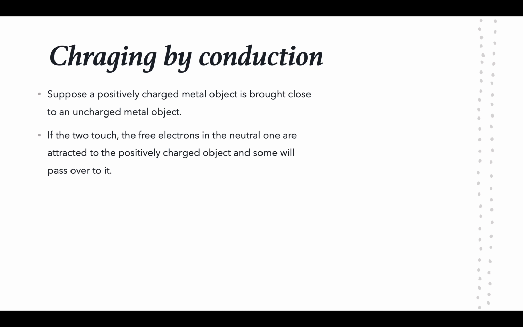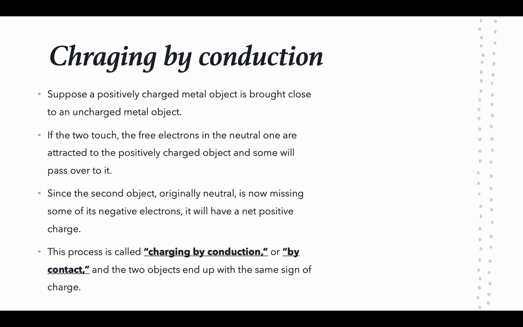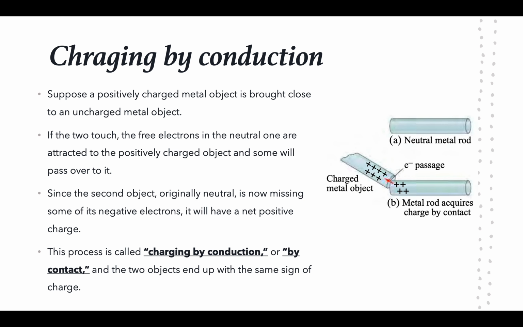If the two objects touch, then the free electrons in the neutral one will be attracted to the positively charged object and some will pass over to it. Now, as some of these electrons pass to the positively charged object, the second object will have a net positive charge. All right, so charging by conduction, or by contact, kind of like this.